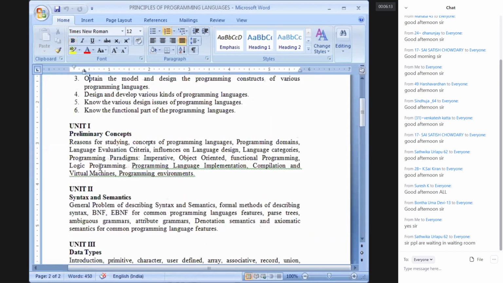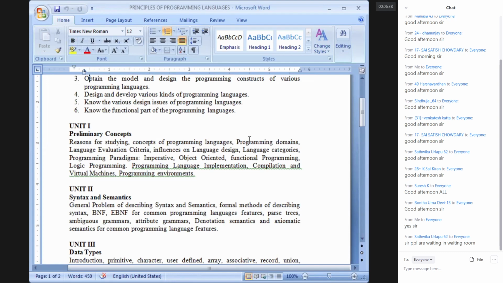The first unit is basic concepts. It covers reasons for studying principles of programming languages and concepts. What is the reason behind studying PPL?